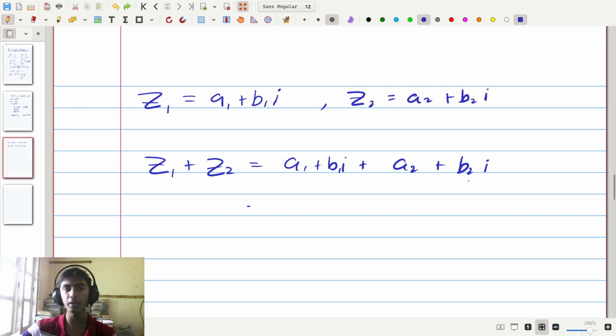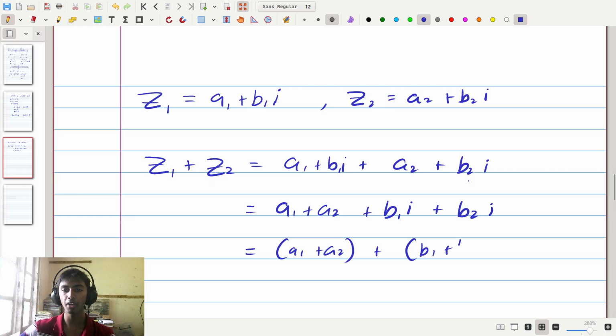If we group them together, this is equal to A1 plus A2 plus B1 times i plus B2 times i. Now if we factor these such that the imaginary unit is on the outside, this can be factorized to (A1 plus A2) plus (B1 plus B2) times i.